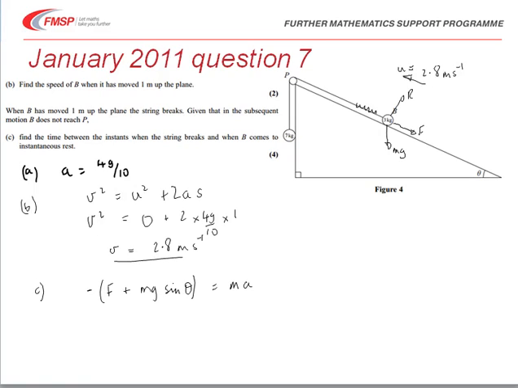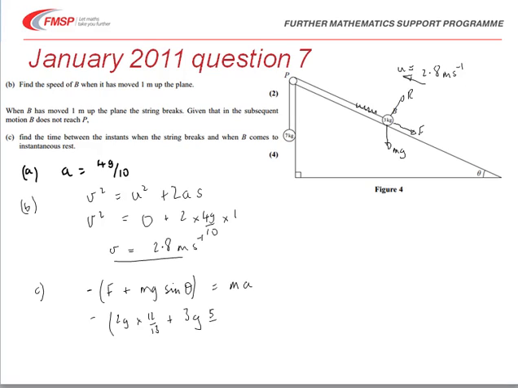Now you may not realize, but we actually calculated this bracket earlier on, because this F is 2g multiplied by R, so it was 12 over 13, and 3g is the mass, and sine theta was 5 over 12.